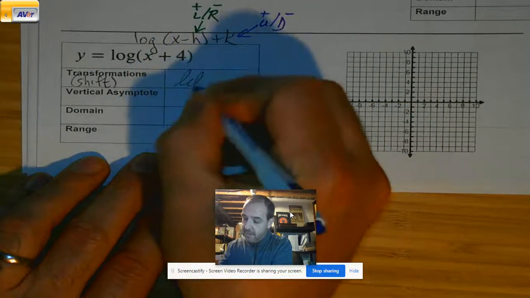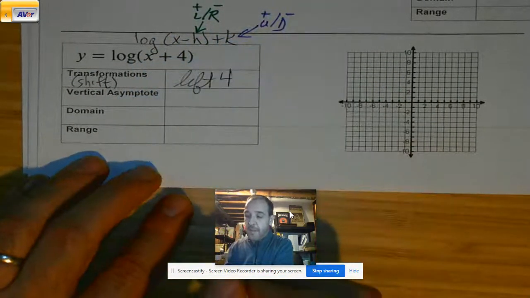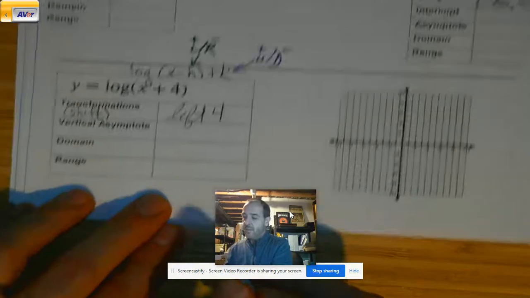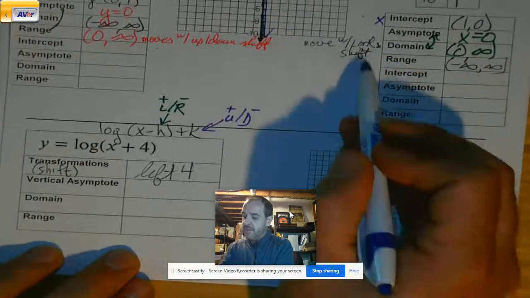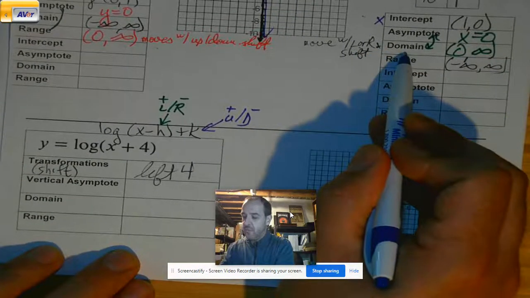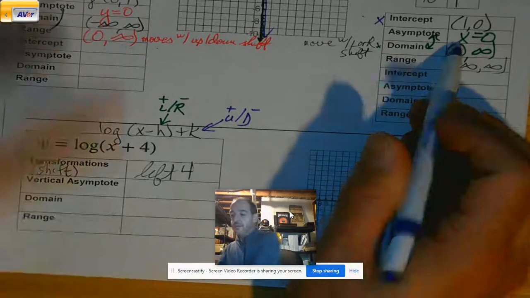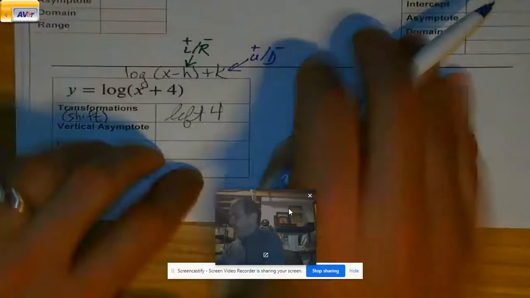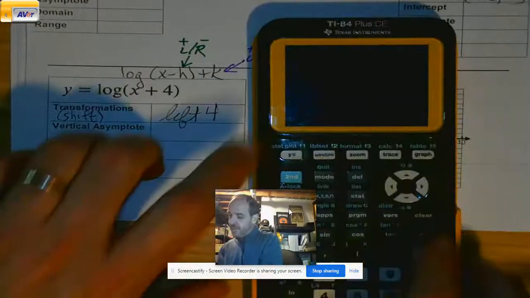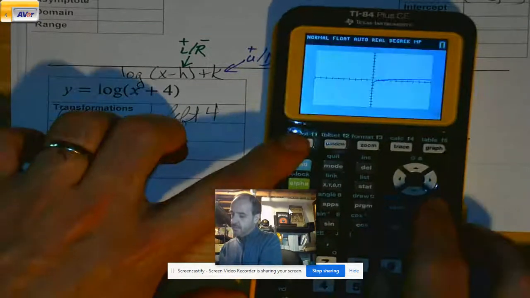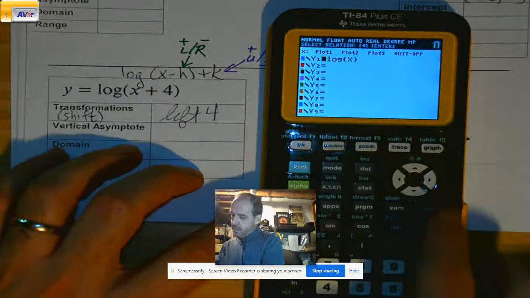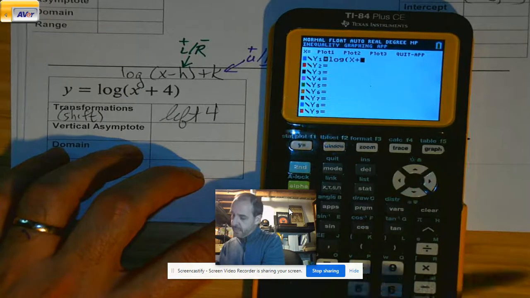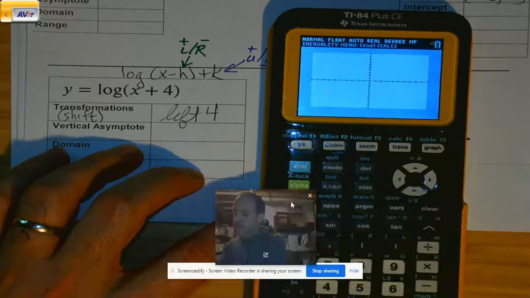So first thing to answer here is my transformation, my shift, here inside, and plus is going to be left 4. So what does that mean? Okay, if I pull this back down for a minute, if there's a left or right shift, my domain moves and my asymptote moves. So let me show you that on the calculator, and then we'll discuss why that is. So we'll jump in here, x plus 4, graph.